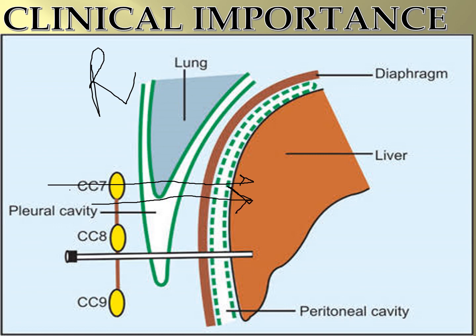So you have to be selective about the level at which you pierce the needle, if you want to do a liver biopsy, or take out the fluid during pleural effusion, or in case of tension pneumothorax or any important clinical condition. So this is the clinical importance that you have to know about the right surface of the liver. Okay, so that is it.